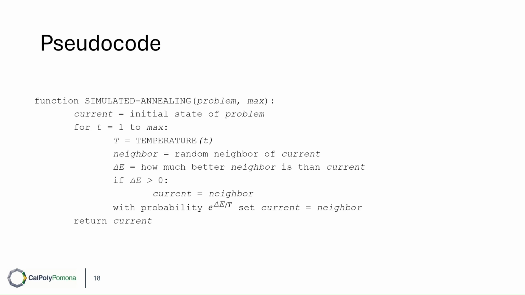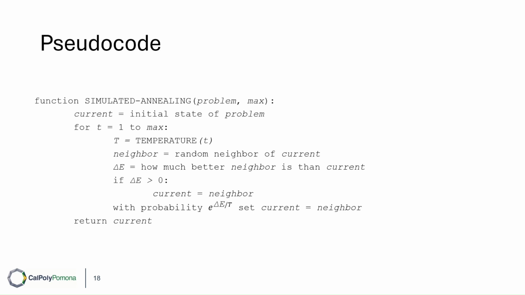And then we pick a random neighbor from our current state, and we no longer pick the best neighbor as in hill climbing. We're going to calculate delta E, and E is for energy, for how much better our neighbor is than our current state. If delta E is positive, the neighbor is better than our current state. If it's negative, it's worse.